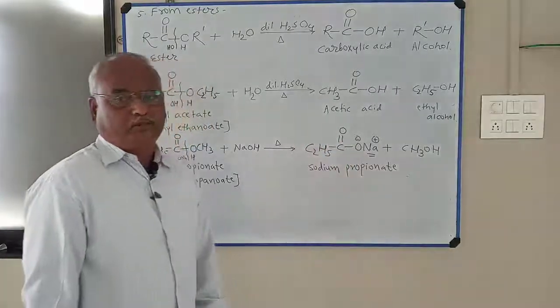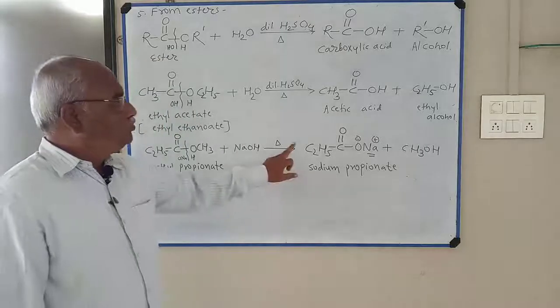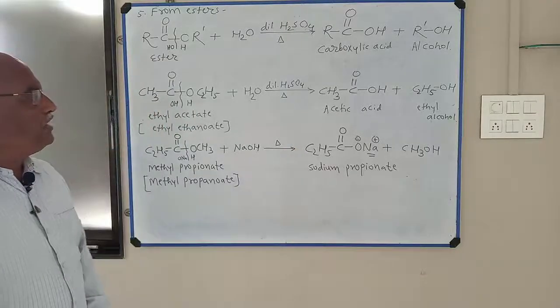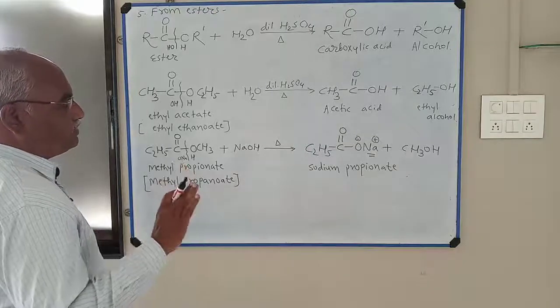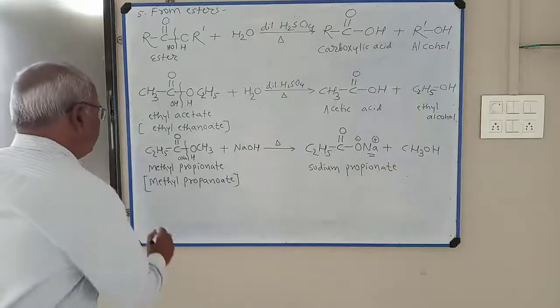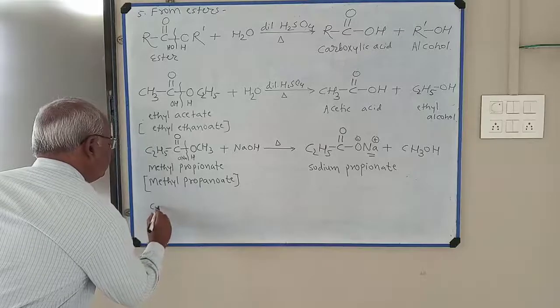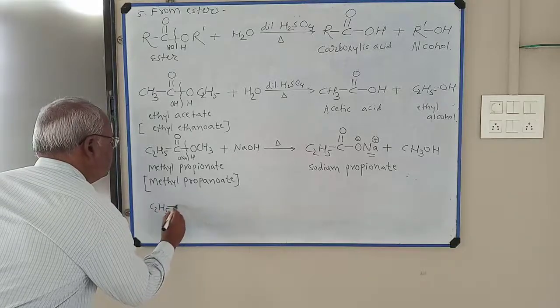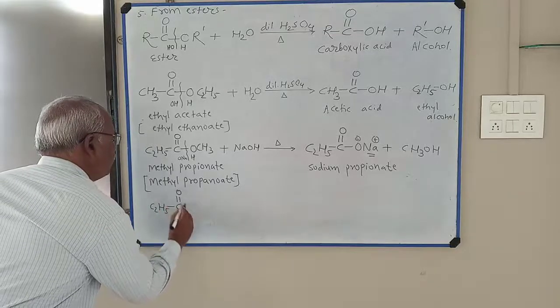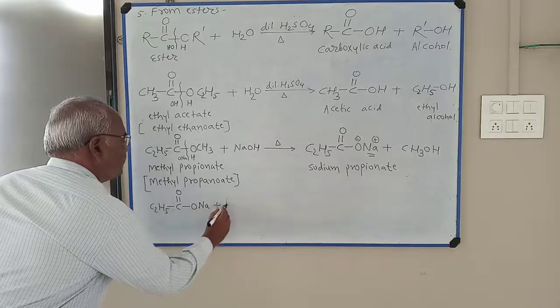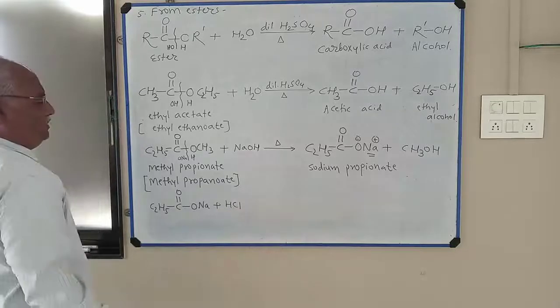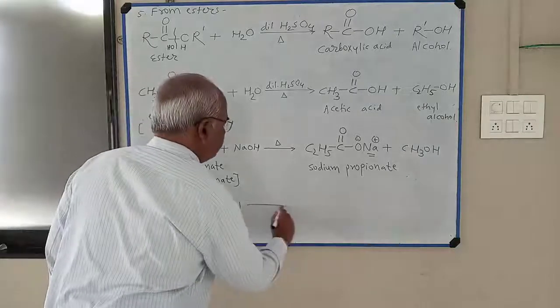This sodium salt of carboxylic acid is treated with concentrated HCl. So write here C2H5, C double bond O, ONa plus HCl.